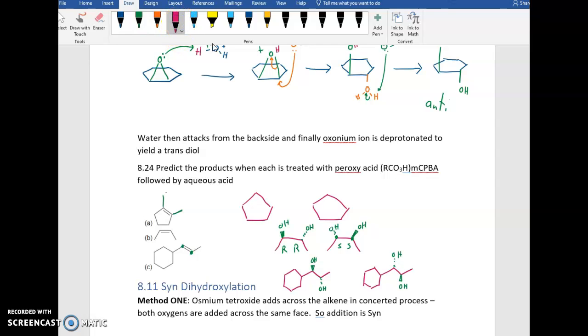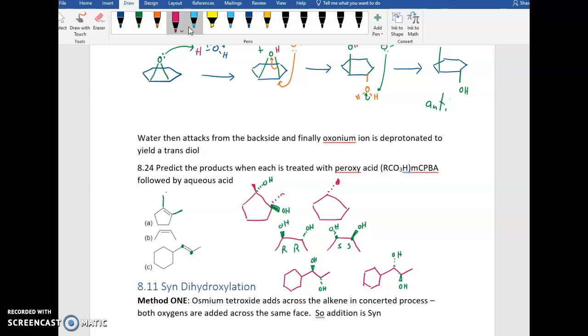So the original methyl group here will be on a wedge, and then we're going to add our hydroxy on a dash. So the hydroxy at this position will have to be on a wedge, and the methyl group that was already there is now on a dash. And then we just do the reverse.